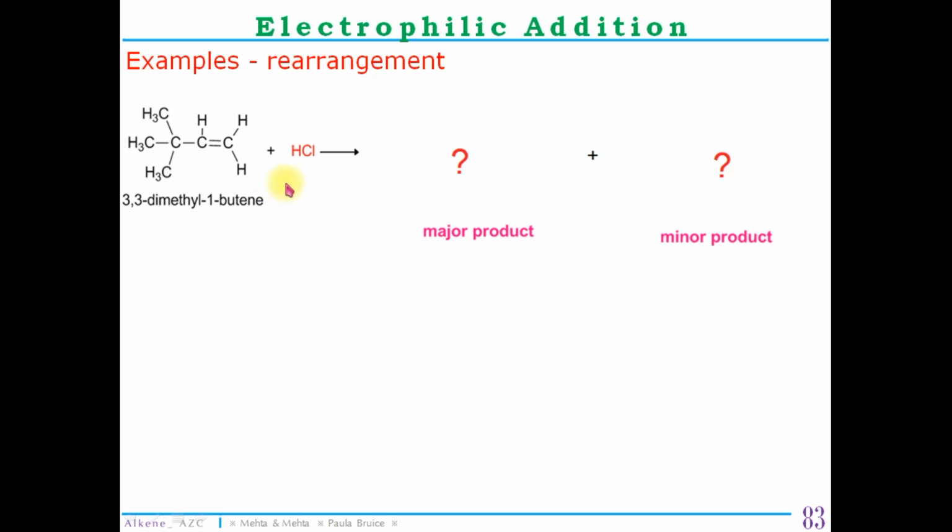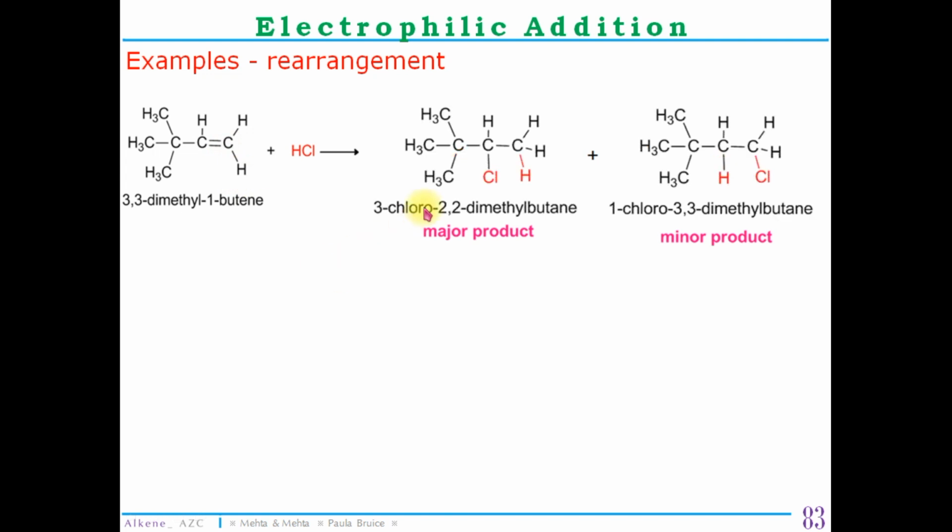What happens when hydrochloric acid is reacted with 3,3-dimethyl-1-butene? As major product, according to Markovnikov's rule, hydrogen adds to the carbon which has more hydrogen substituents. So 3-chloro-2,2-dimethylbutane is our major product and 1-chloro-3,3-dimethylbutane is the minor product.